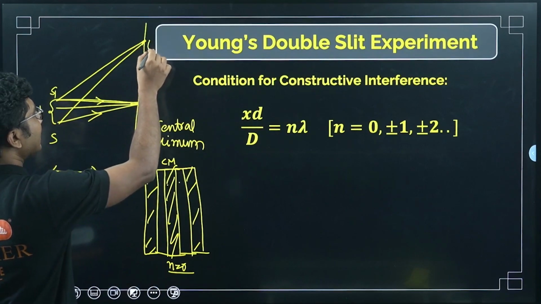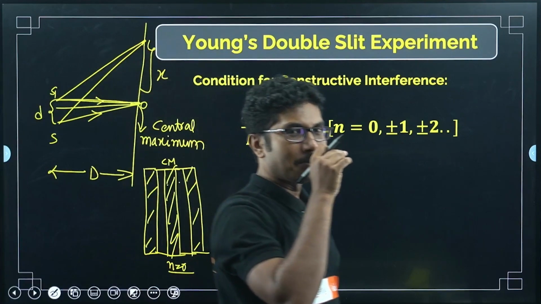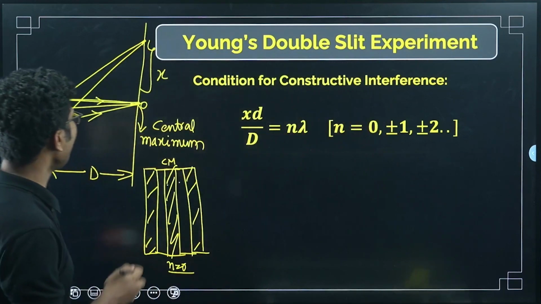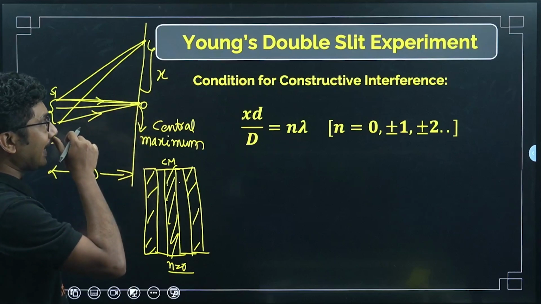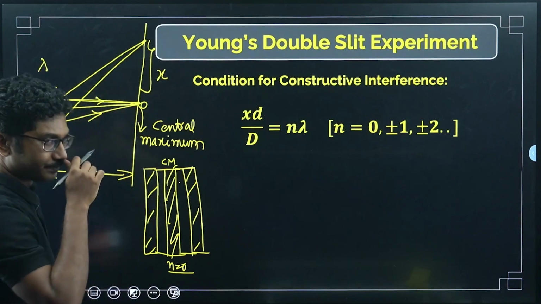Suppose you are checking whether it will be a maximum or minimum at some distance x from this point O, and the wavelength of the light used is lambda.